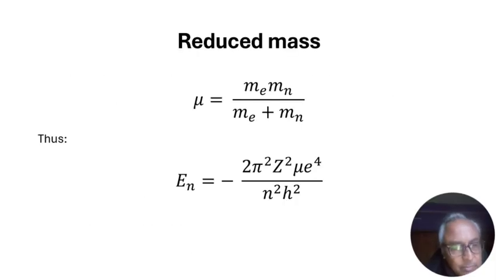Bohr then pointed out that this discrepancy was resolved when one accounted for the finite ratio of the electronic to nuclear masses and used the reduced mass, mu equals mass of the electron times mass of the nucleus divided by mass of the electron plus mass of the nucleus, instead of the electronic mass, in his energy formula. Thus En equal to minus 2 pi squared z squared mu e to the power 4 by n squared h squared.